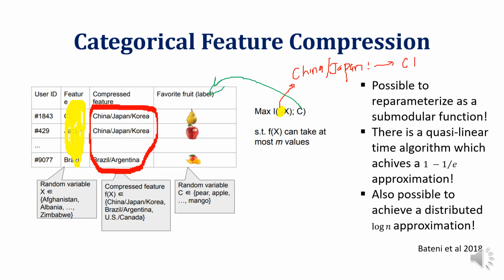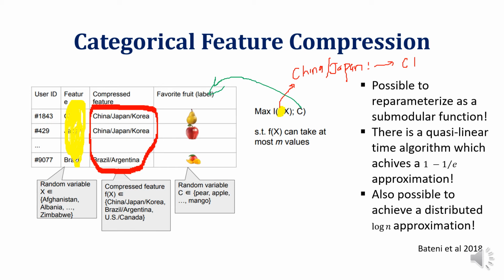So the purpose served by F is basically that of mapping the feature column into a more compact set, which is the compressed feature set. You can think of these as clusters.